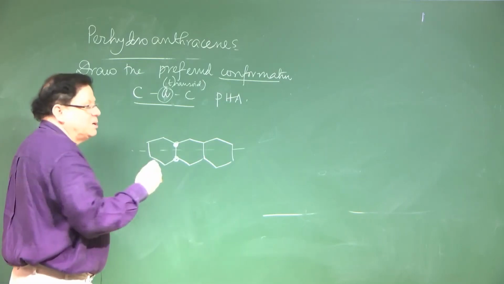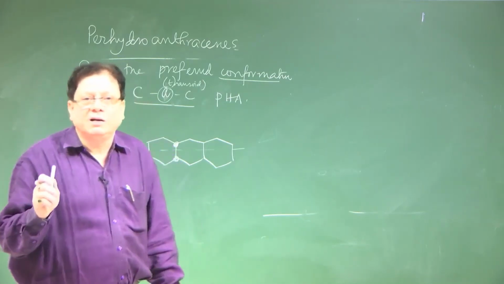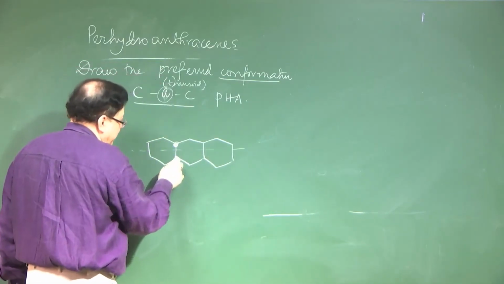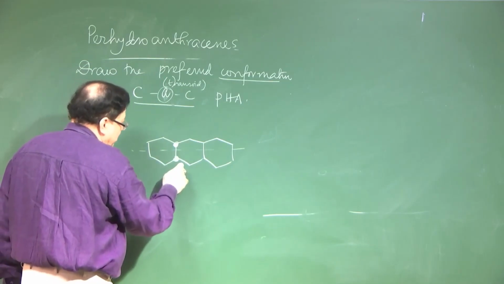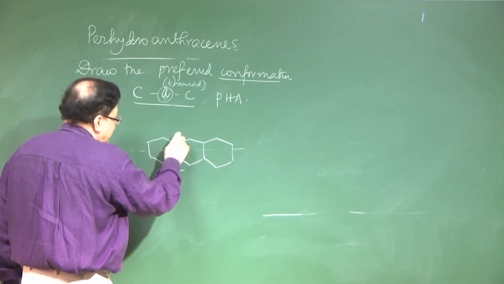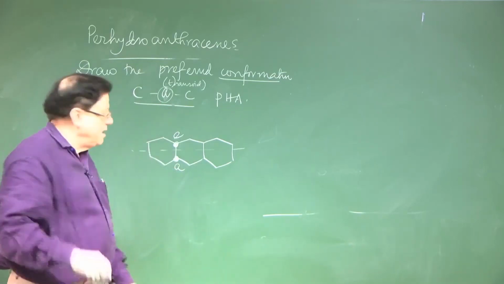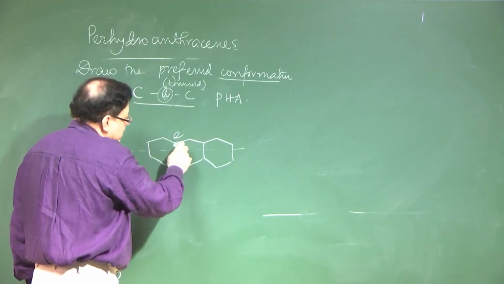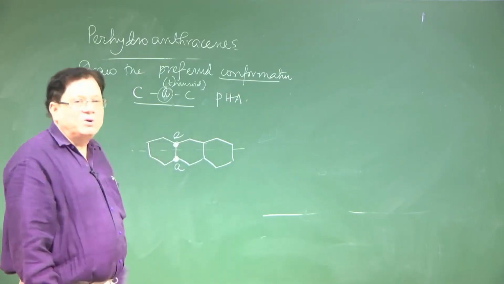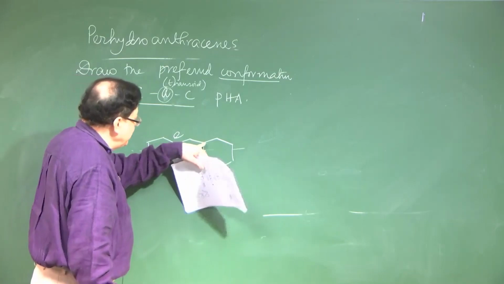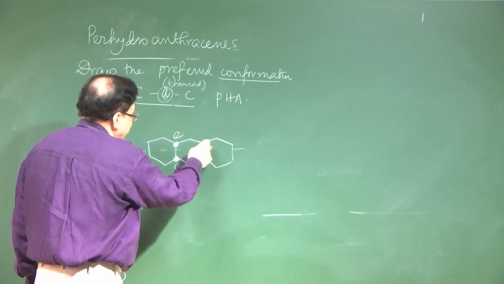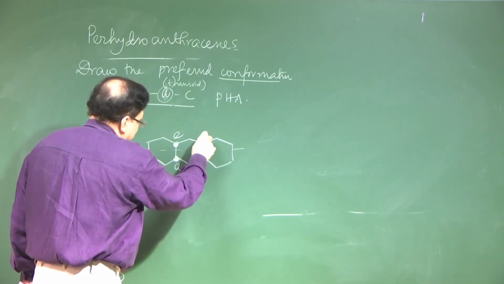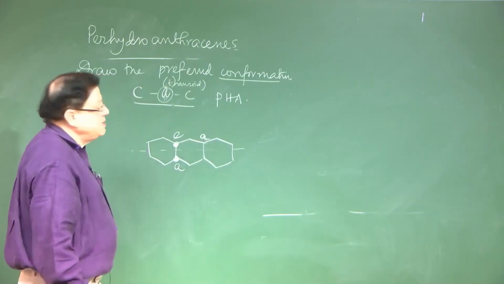In order to draw the conformation, we have to first assign the axial equatorial nature of the ring junction hydrogens. So, since it is cis, you can start with, say, axial, then this will be equatorial, that makes it cis. Then there is a trans relationship between these two hydrogens. So, this is a 1-3 relationship. 1-3 means this has to be axial, because they are anti to each other.